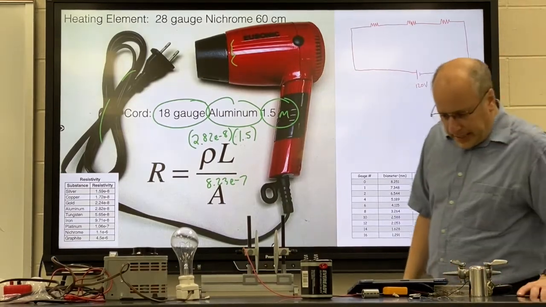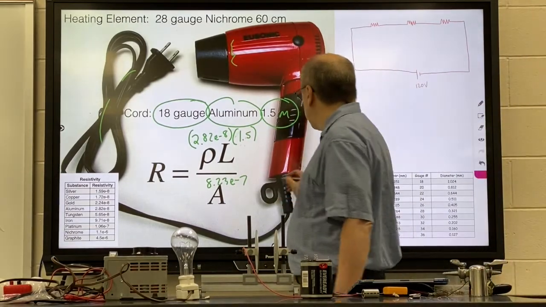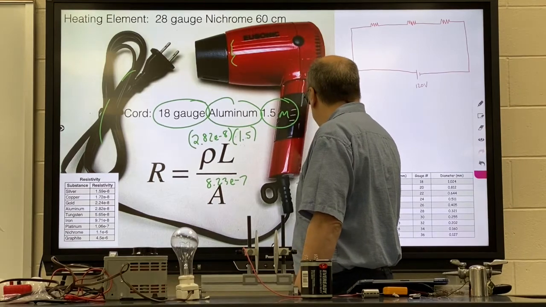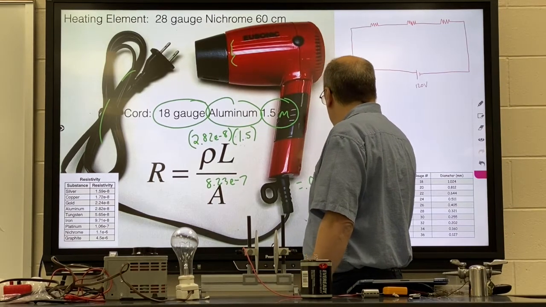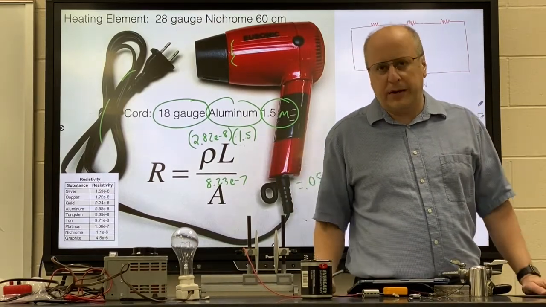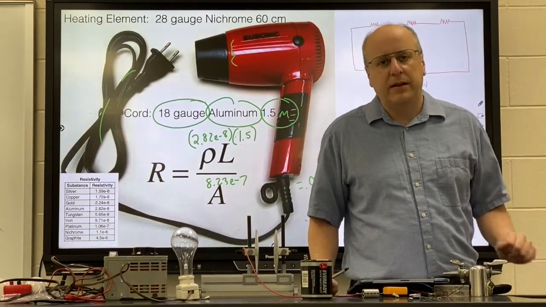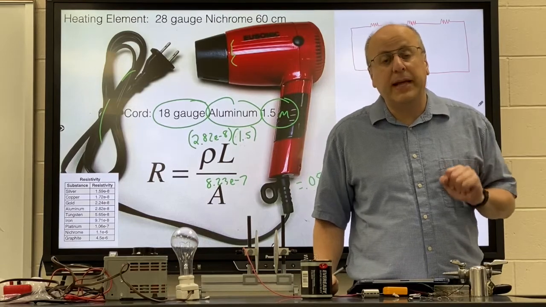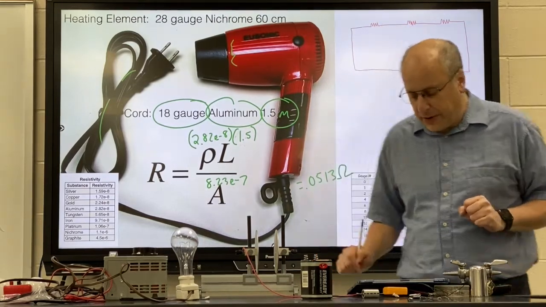Okay, when all is said and done, you should get a resistance of 0.0513 ohms. And you think, wow, that's a low resistance. Why am I even worried about it? Well, let's hold that off to the side for a little bit and see if it becomes important later on.